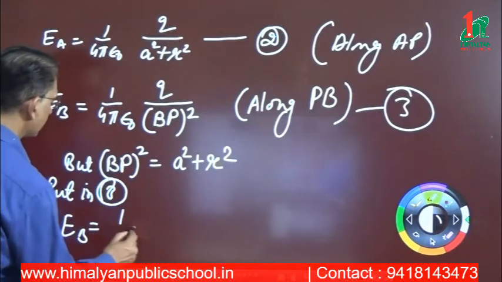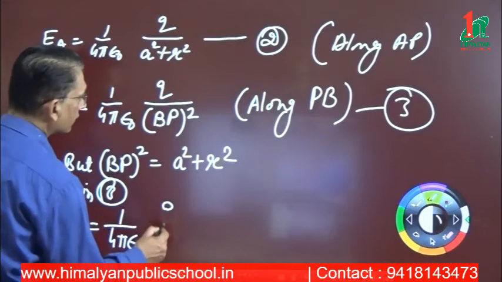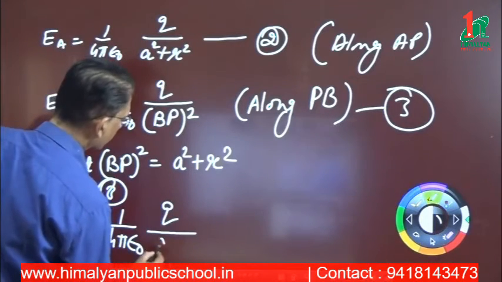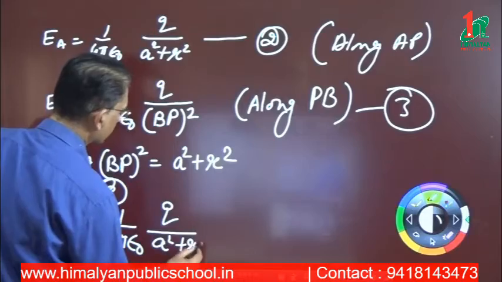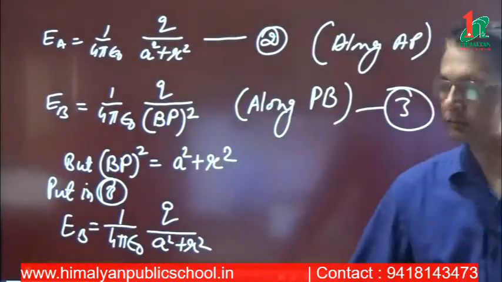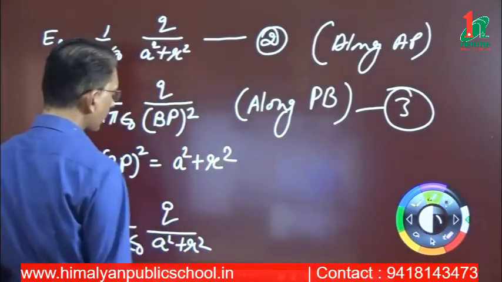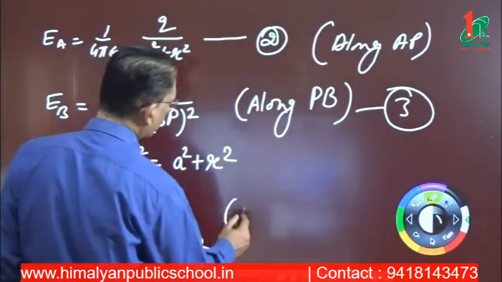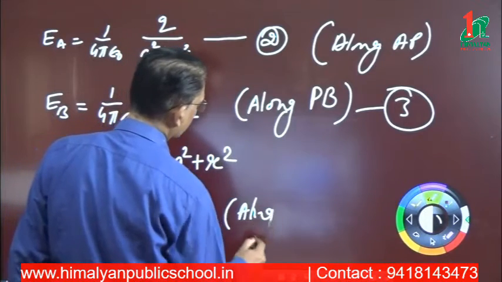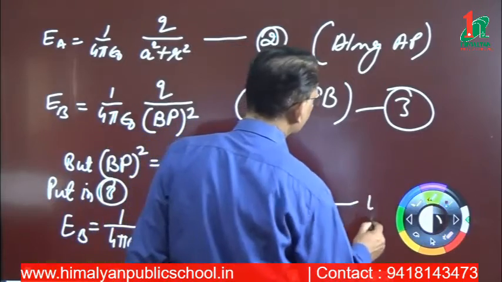Then EB is 1 by 4 pi epsilon naught Q upon A square plus R square, along P to B. Take this as 4.